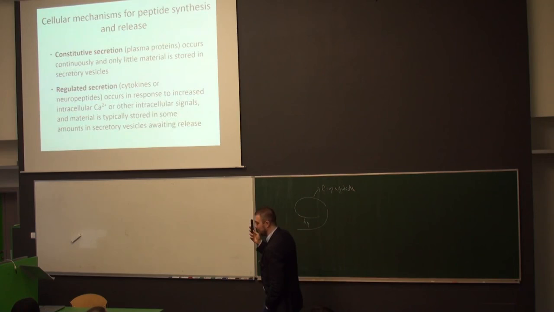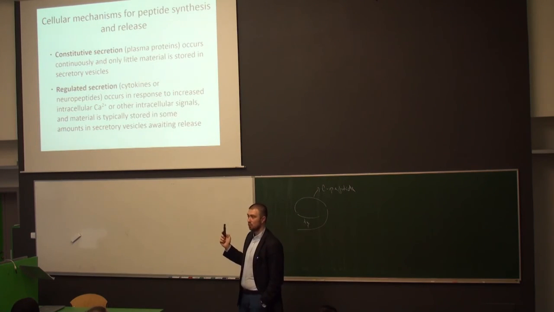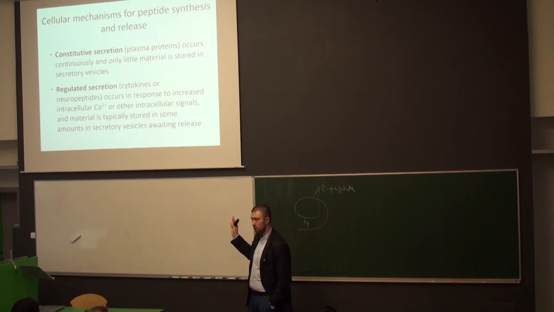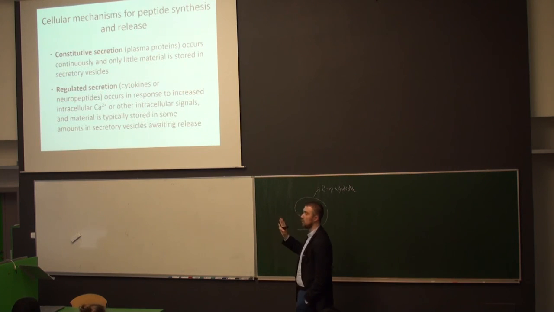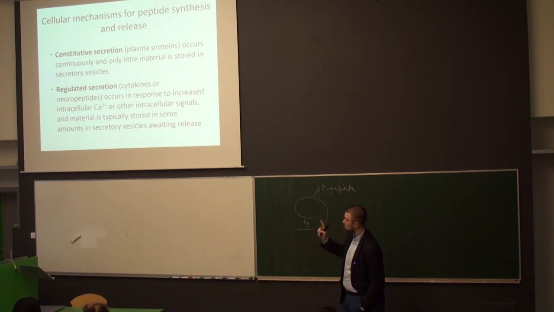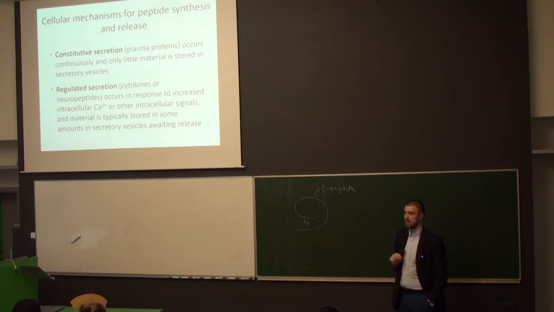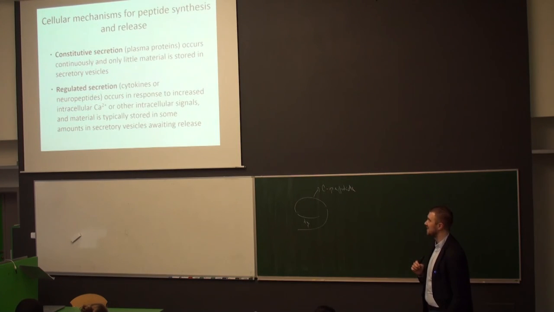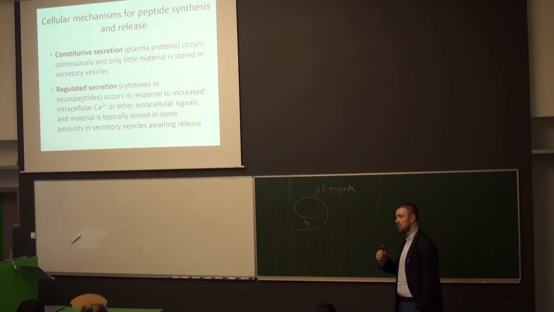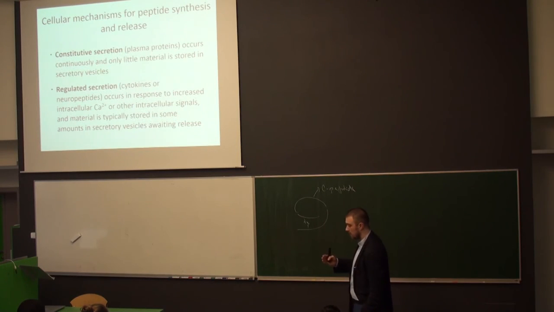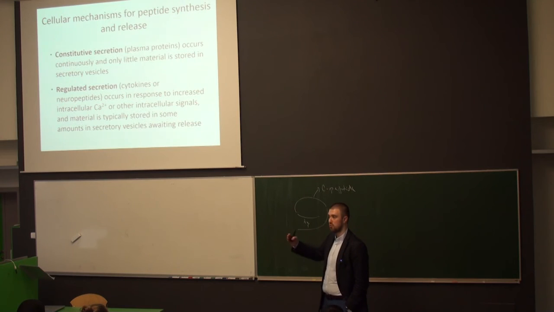If we now speak about the peptide signaling molecules, you very often in your books will read about 2 terms: constitutive secretion and regulated secretion. Constitutive secretion is typical, for example, for the plasma proteins that you must continuously produce.